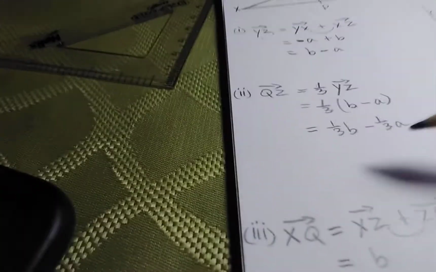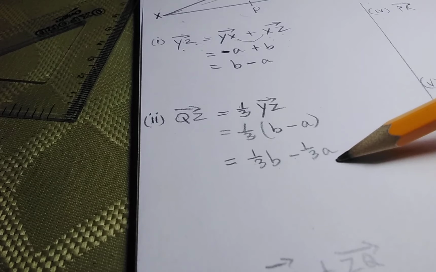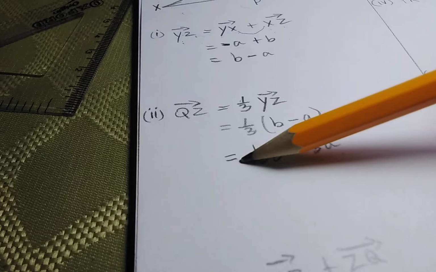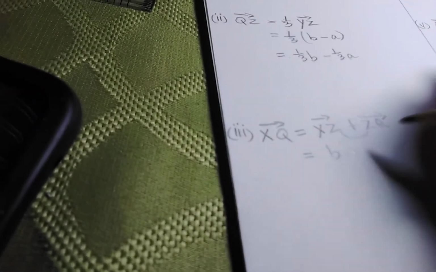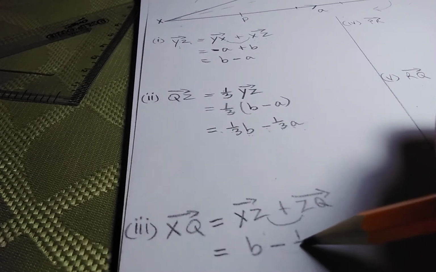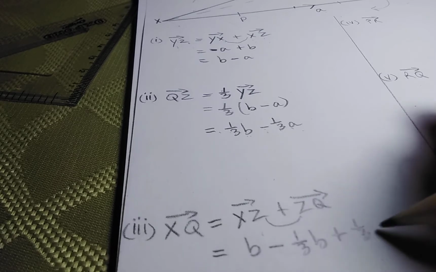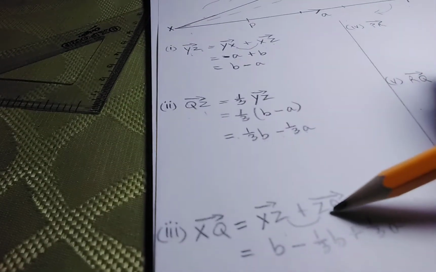We can also look at the answer that we got before. We got 1/3 b minus 1/3 a. We can simply put the inverse of these two magnitudes. So we could say negative 1/3 b plus 1/3 a. So that's what I'm going to do. Negative 1/3 b plus 1/3 a, because this says QZ, but here is saying ZQ.